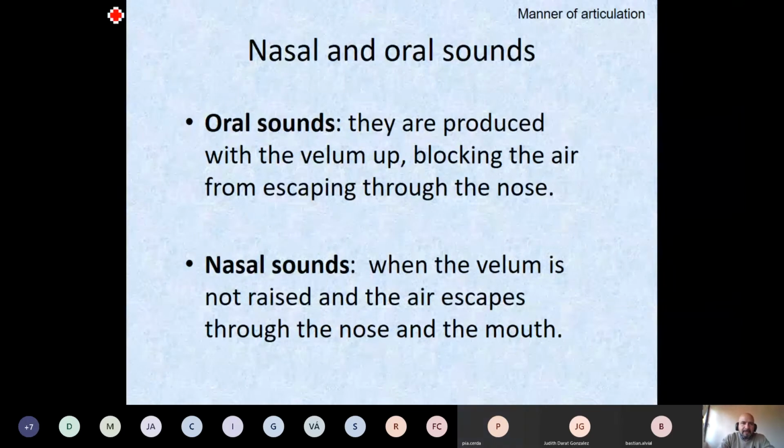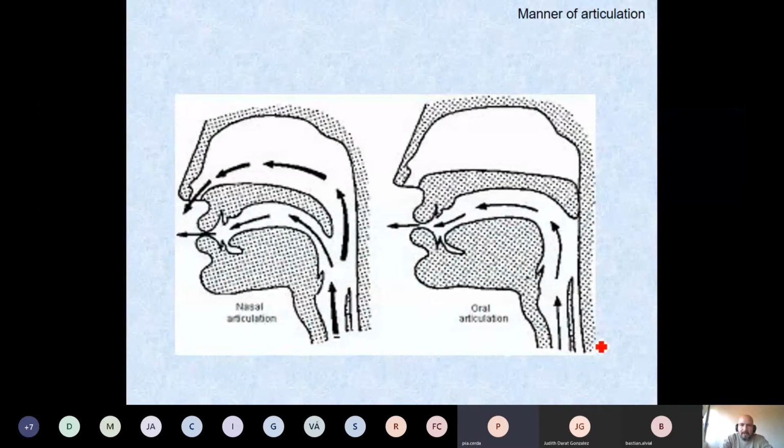As I said before, lots of classifications. We have a big family of oral sounds and a small family of nasal sounds. A big family of oral sounds in which the airflow escapes through the oral cavity, and a small group of sounds in which the airflow escapes through the oral cavity, but also through the nasal cavity.